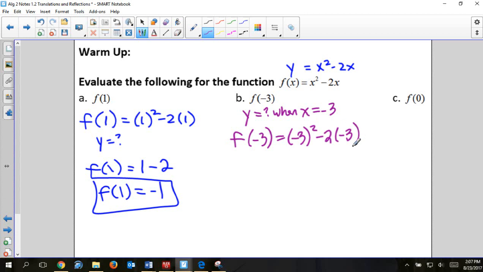Negative 3 times negative 3 is 9. And then here we're minusing a 2 but multiplying by a negative number, so that's going to cancel out the negatives and become positive 6. So f of negative 3 is 15.